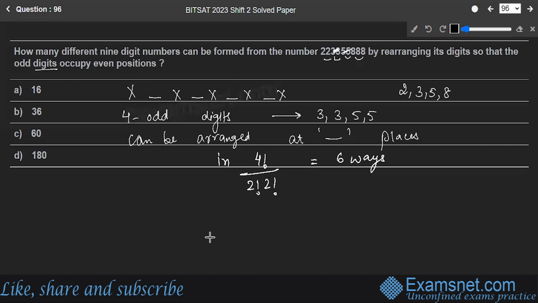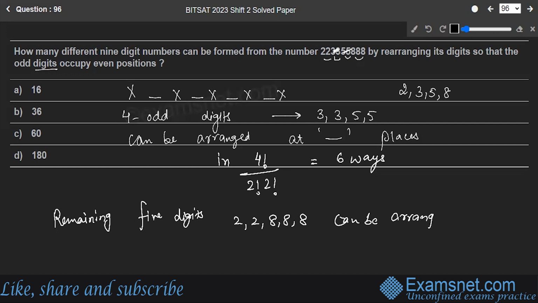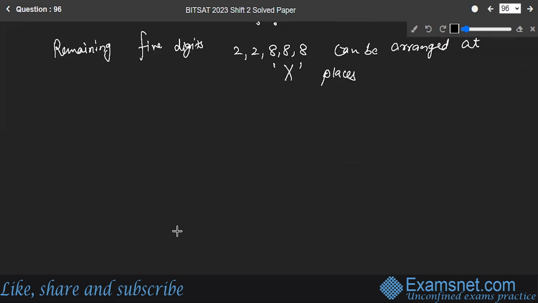Now the remaining 5 digits, which are even, which are 2, 2, 8, 8, and 8, they can be arranged at the cross places. And how many ways can it be done?